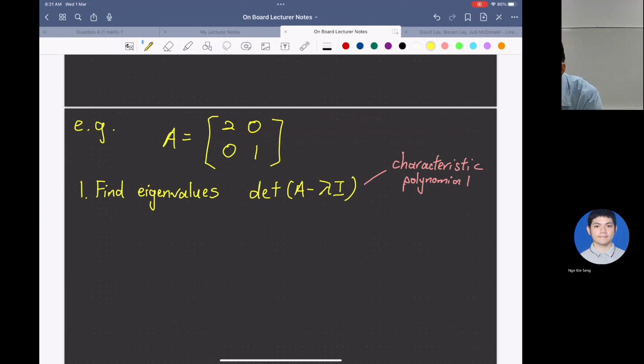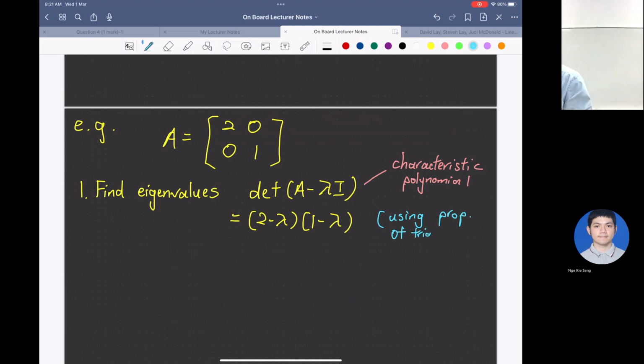In this case, we have 2 minus lambda and 1 minus lambda, because we can use the property of a triangular matrix. Then we set this equal to 0.